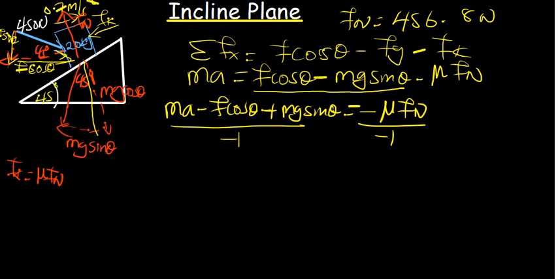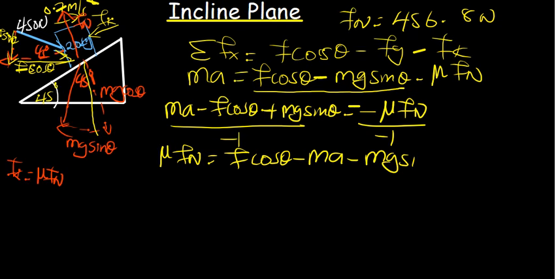Therefore, I'm going to have mu times Fn is equal to, this one is going to have negative now, the Ma. This one is going to have positive. So it's the same as if I start with F cos theta minus Ma, then again minus mg sin theta. Because this negative is going to affect there, it's going to affect even here. All the terms on top are going to have negative, except the one which was negative, which is going to be positive now.